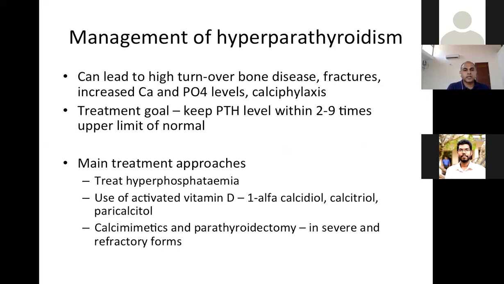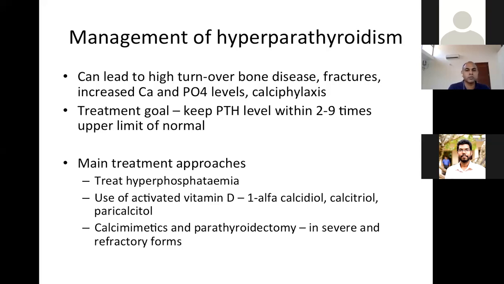So having spoken about phosphate level, another important component is the management of high parathyroid hormone level, because both high parathyroid hormone as well as low parathyroid hormone level can cause problems. Therefore, the objective in CKD, in managing hyperparathyroidism, is to keep the parathyroid hormone level within 2 to 9 times upper limit of normal.